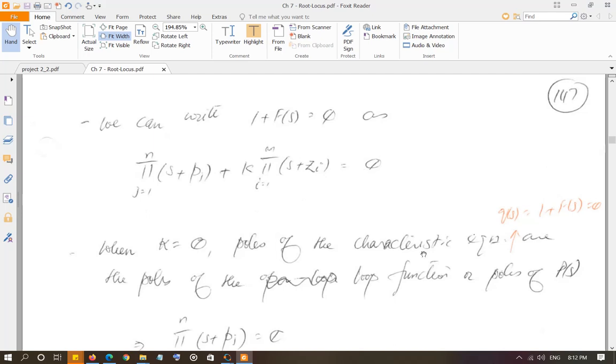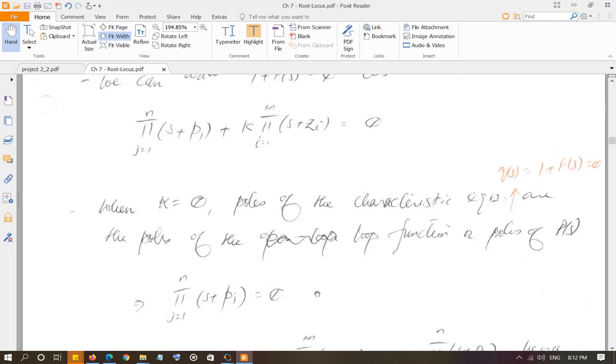That means that when k is equal to 0, you are standing on poles, because when you calculate the roots of this with k equal to 0, that's going to give you poles. So basically at k equal to 0, you are standing on poles of the loop gain, poles of 1 plus kgs, and that's where your root locus starts. Basically different root loci start at poles.